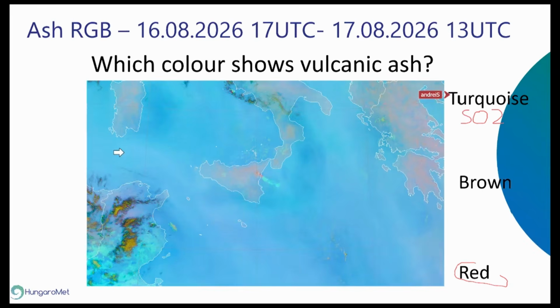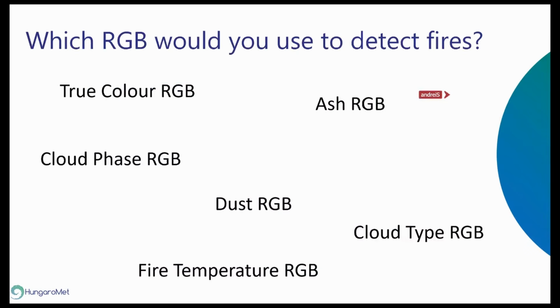Exactly. So we not only see the ash in the ash RGB, but we can also see the SO2 coming from the volcano. So I will just erase things and try to move to the next slide, which is a follow-up.